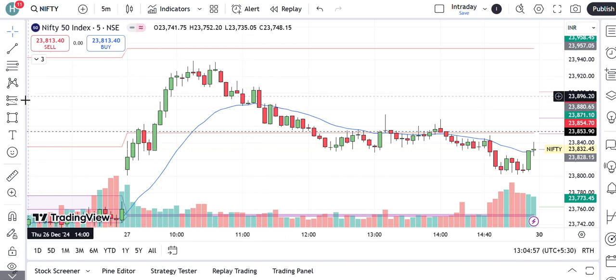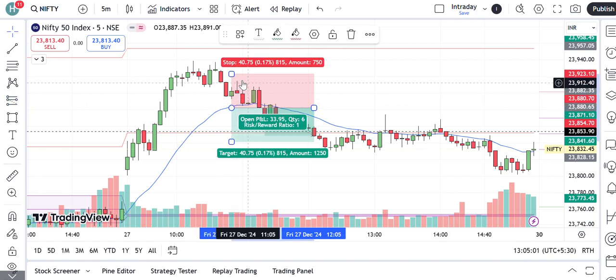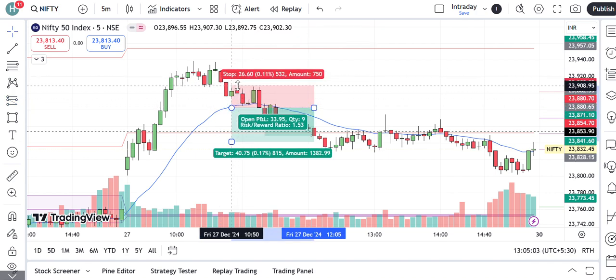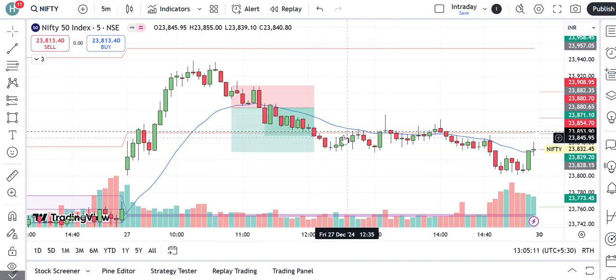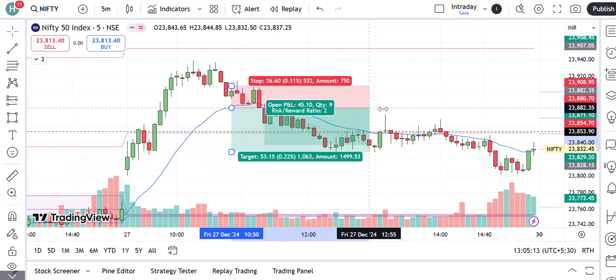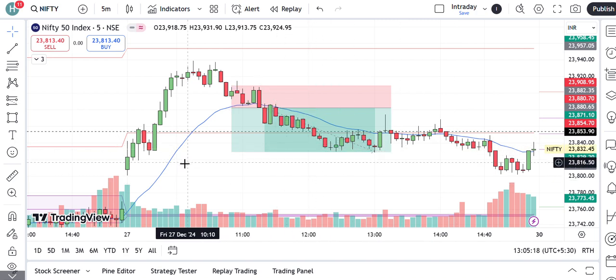So take the short trade here, and your stop loss should be above this swing high, and twice the stop loss is your target. So exactly this is your target. Somewhere here you can be out. Yes, this point, so your target is achieved.